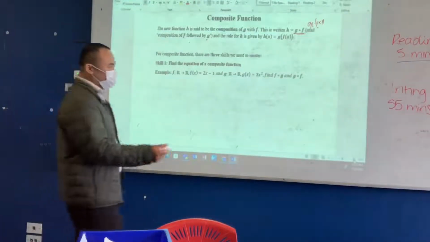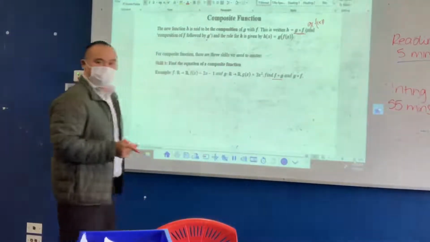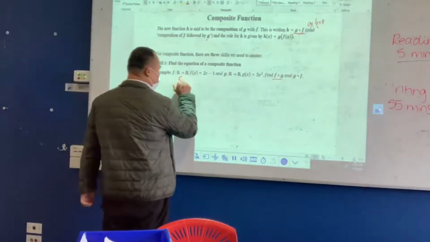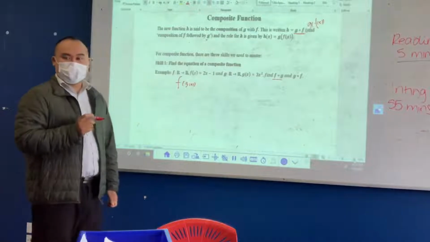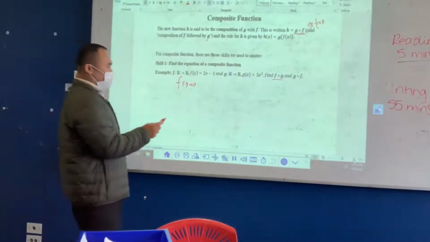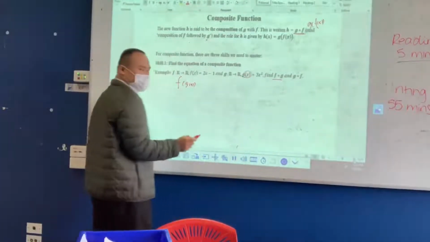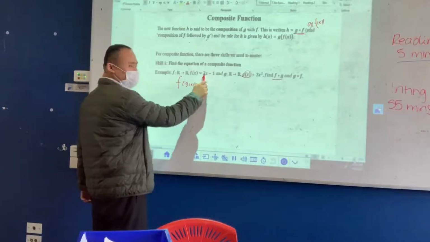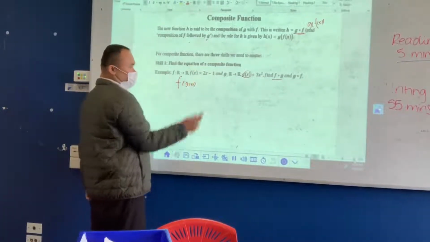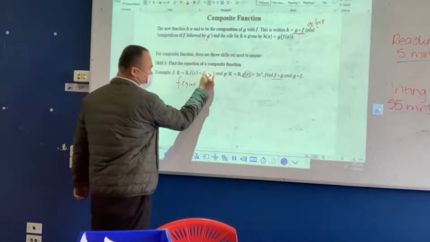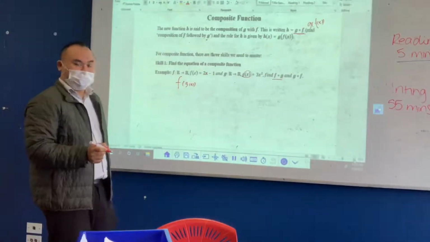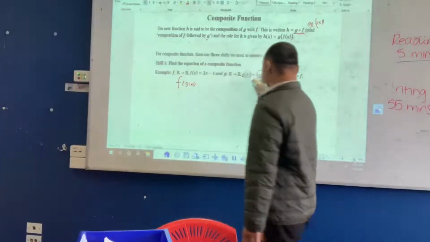If we want to find f with g, it's basically f(g(x)). What that means is I'm going to use g(x) to replace the x in the f function. We know the f function is 2x minus 1, so we're just going to replace this x with g(x).